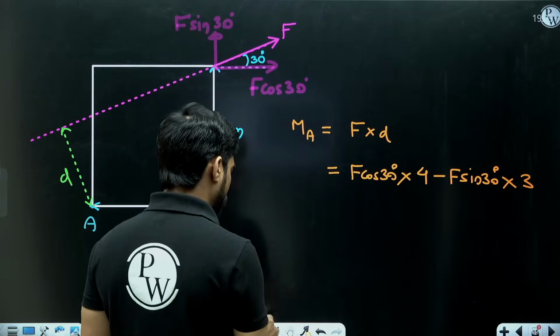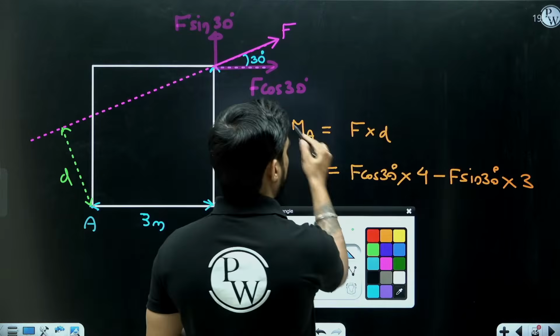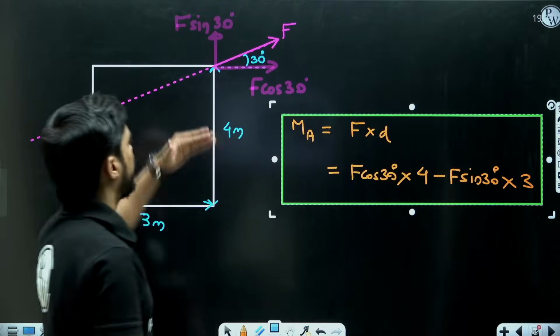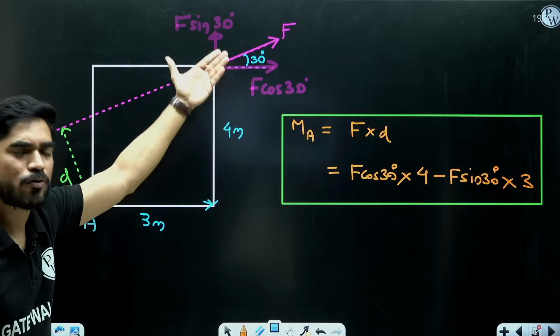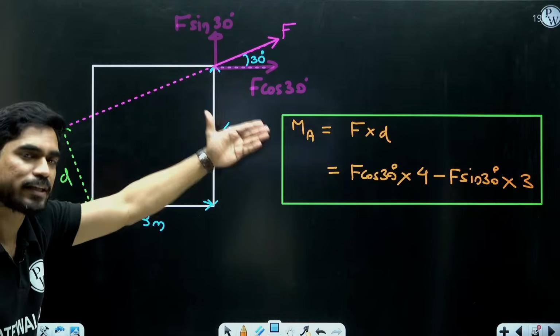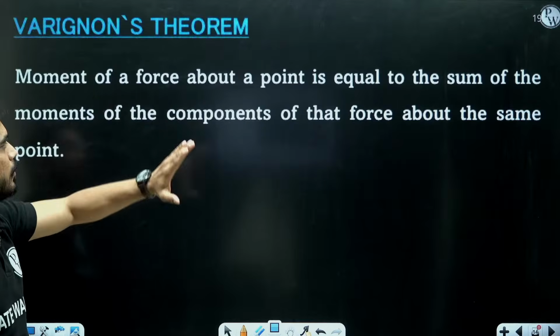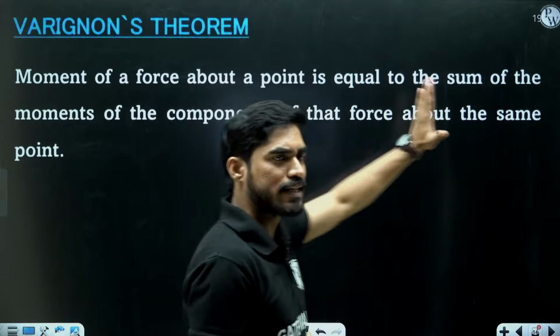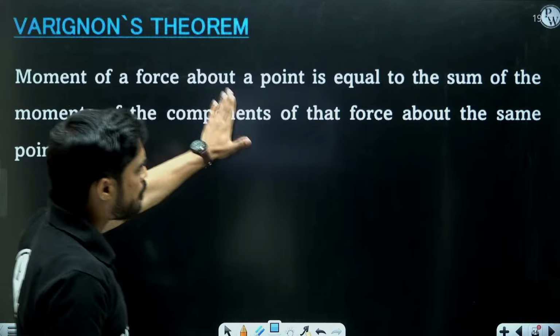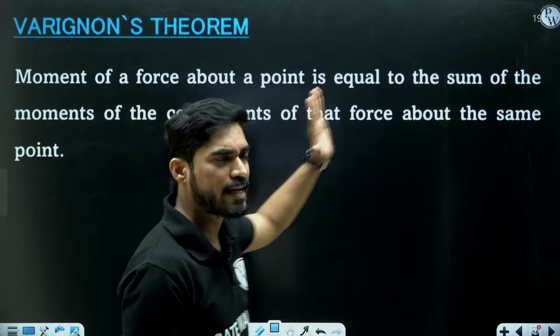So according to Varignon's theorem, if you can't find the perpendicular distance of the force, you just resolve the force into components and calculate the moment of the components. Moment of a force about a point is equal to the sum of the moments of the components of that force about the same point.